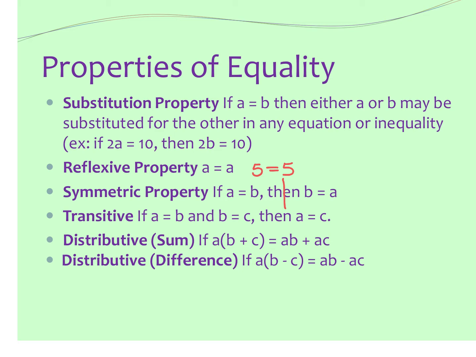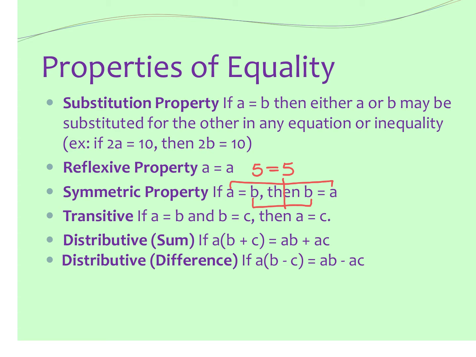And then if I folded this on that line, I could say the B's match and then the A's match. So the symmetric property basically is saying the same thing, but it flips it. It sort of looks like commutative, but the commutative property is going to have an addition sign or a multiplication sign. This has an equal sign. So really you're just switching the order here.